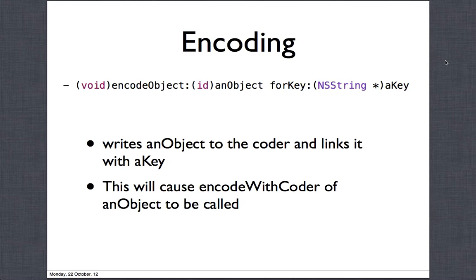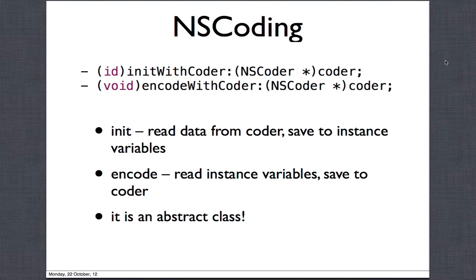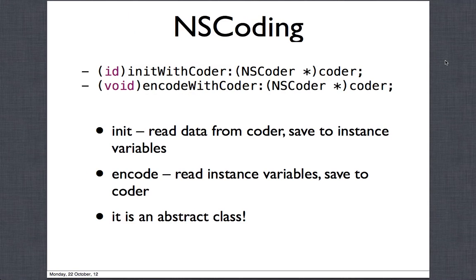So you need to have some key so that when you load that object, you specify the key that represents your object. It's just like a dictionary. If you call this method and pass it an object which you want to encode, that object should implement those two methods, but at least that first one.